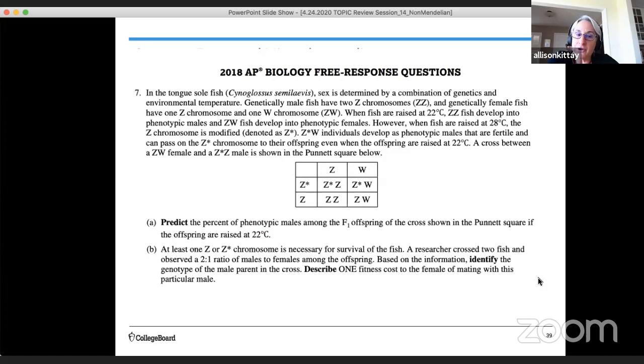Based on the information, identify the genotype of the male parent in the cross, and then finally describe one fitness cost to the female of mating with this particular male.